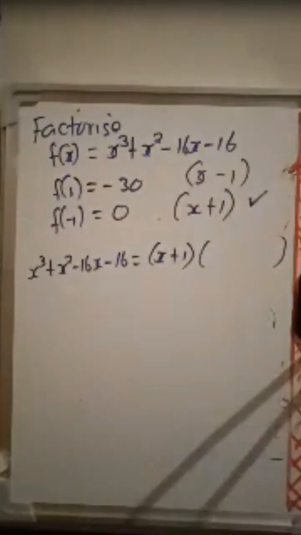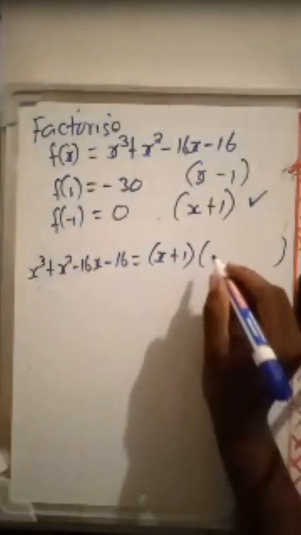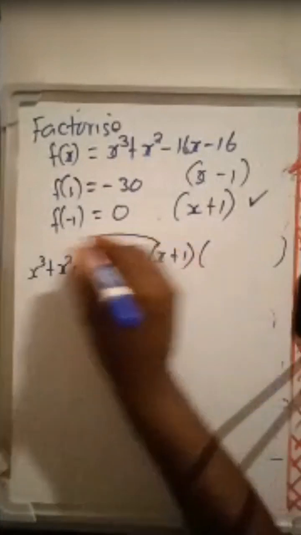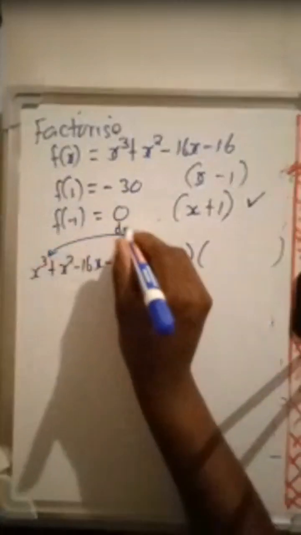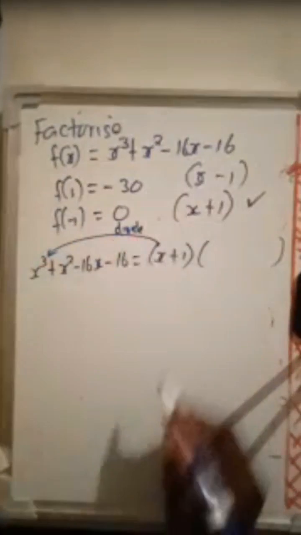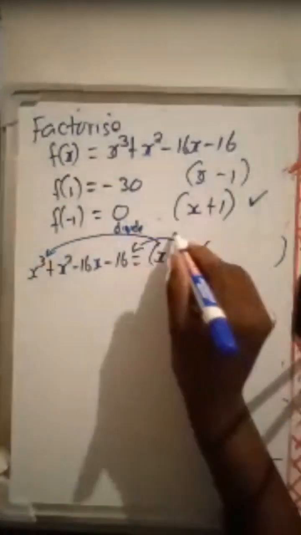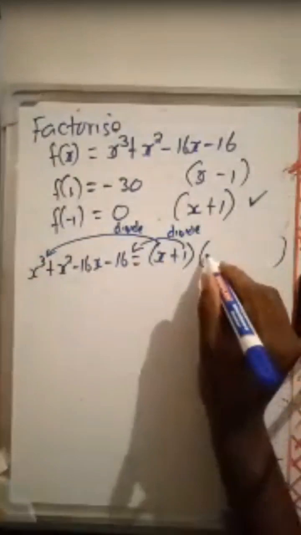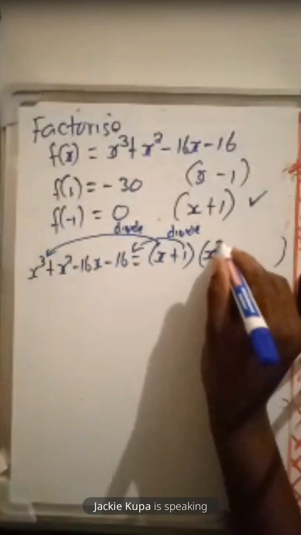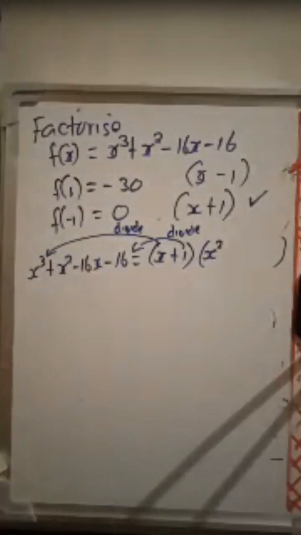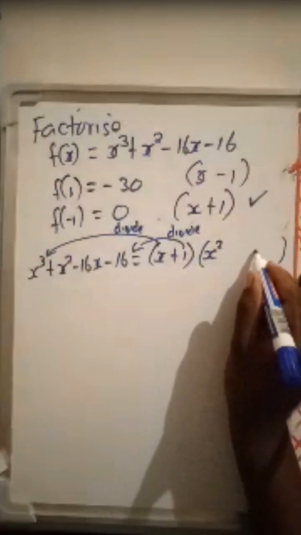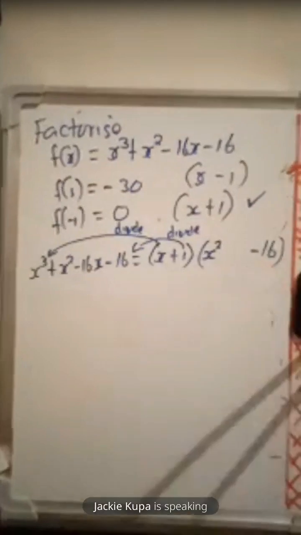X cubed divided by x is x squared. Negative 16 divided by 1 is negative 16.